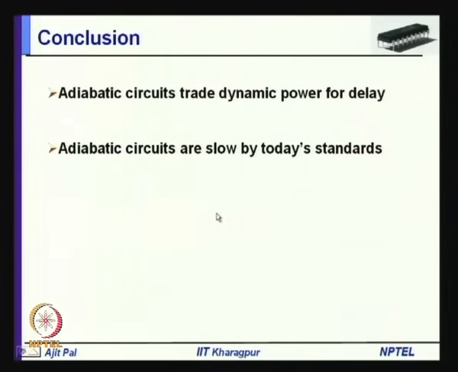For example, a pacemaker, which need not really operate at a very high frequency. The speed of operation need not be very high, but saving of energy is extremely important, because you cannot replace the battery every day, and battery replacement is hazardous. So, in such cases obviously it can be used.